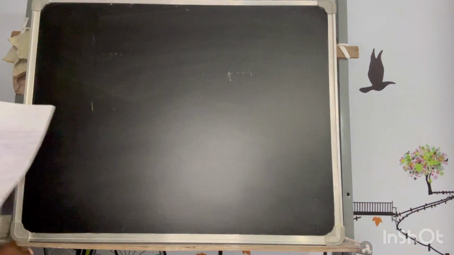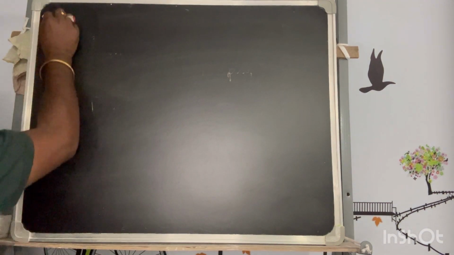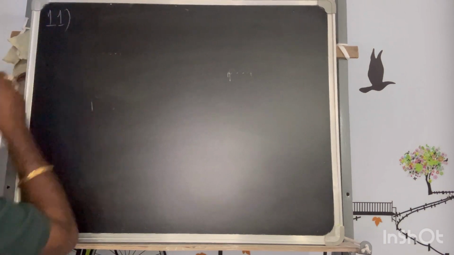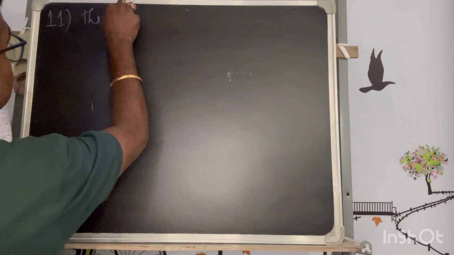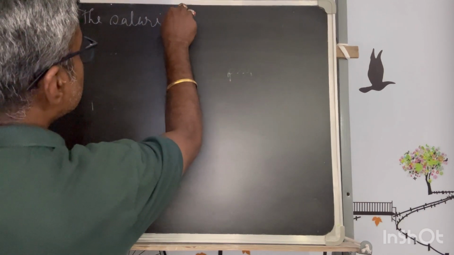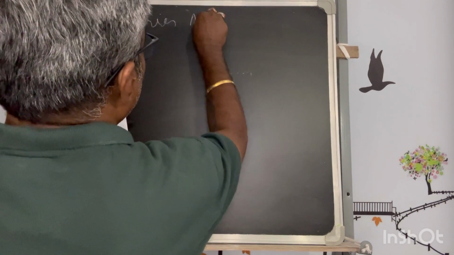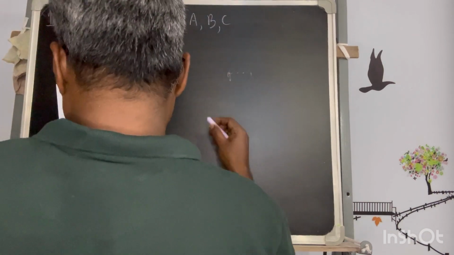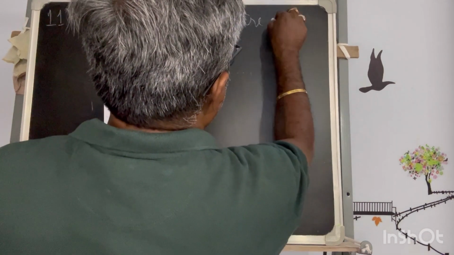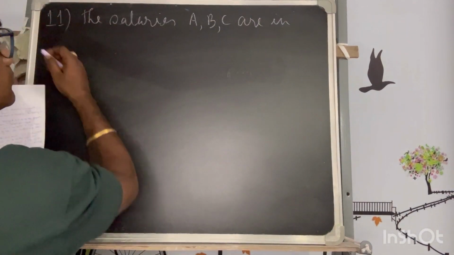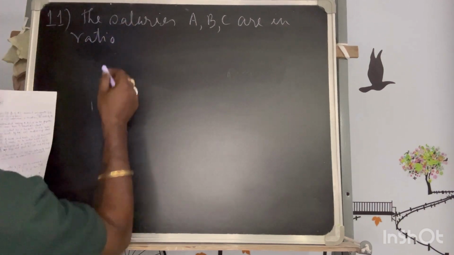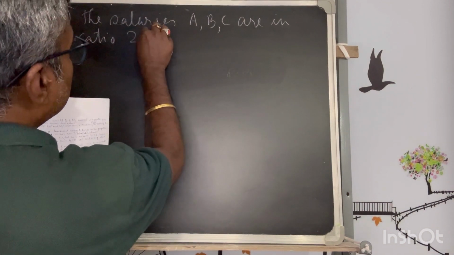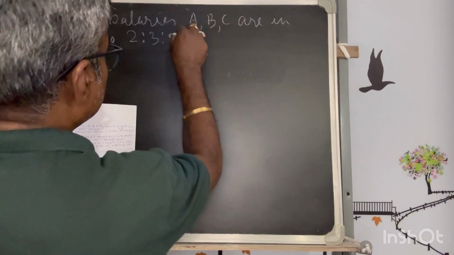Now we'll move to problem number 11 in ratio and proportion. The problem says the salaries of A, B, C are in the ratio 2:3:5.